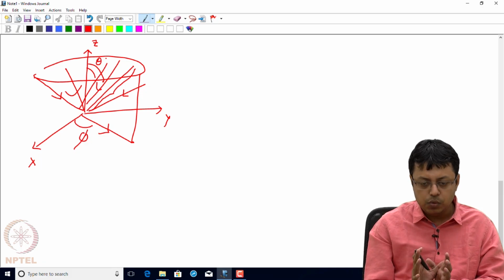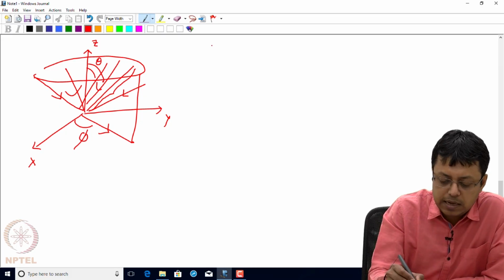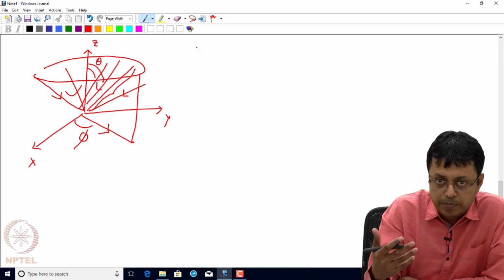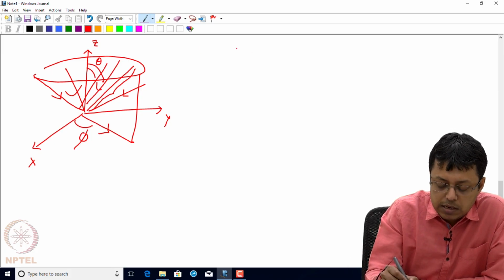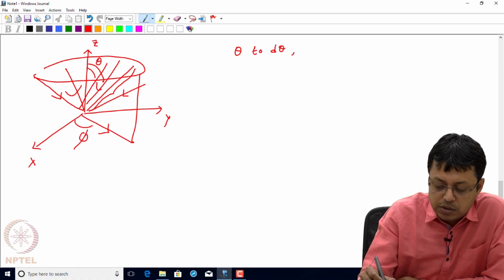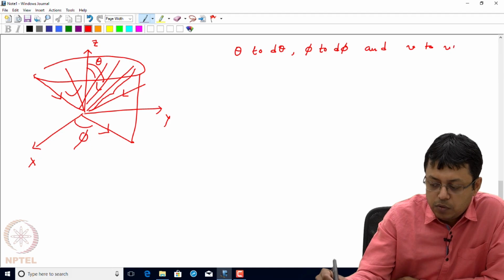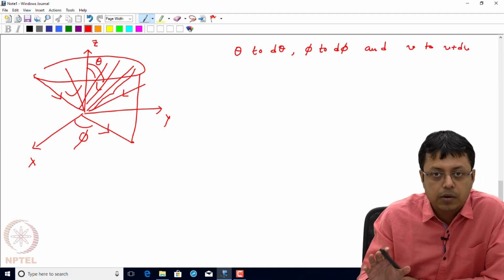So what we are going to do right now is make a more general form. I am going to calculate some flux for theta to theta plus d theta, if we vary the angle a little bit, as well as the other angle phi to phi plus d phi. And if I have a velocity distribution, going from v to v plus dv, what will be the quantity?